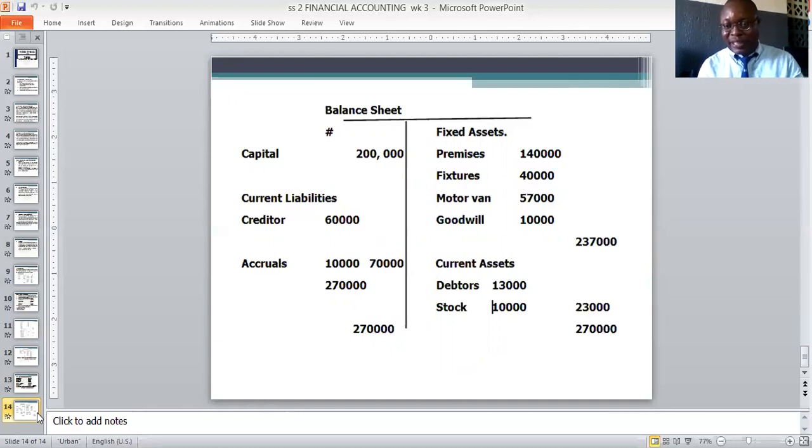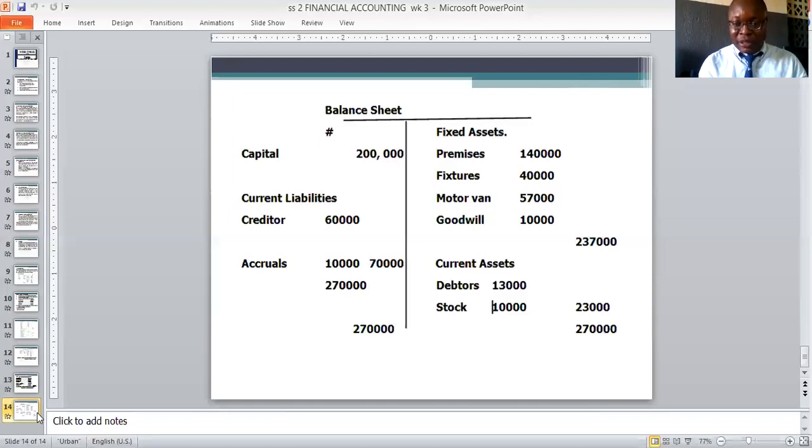Then let us look at the asset side, whereby this asset is classified into two. We have the fixed asset and the current asset. Under the fixed asset, we have premises of 140,000, fixtures of 40,000 naira. Then motor van is 57,000 naira. Goodwill is 10,000. You sum everything together, you are going to get 247,000 naira. So that's for the fixed asset. Let us look at the current asset. Under the current asset, we have debtors, 30,000 naira.